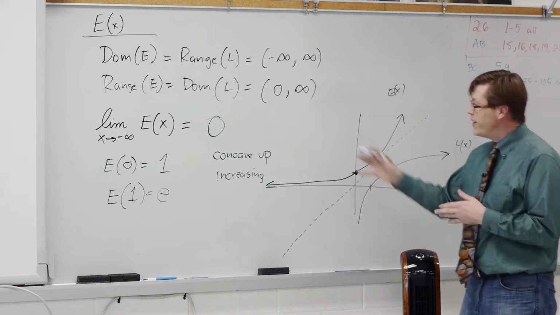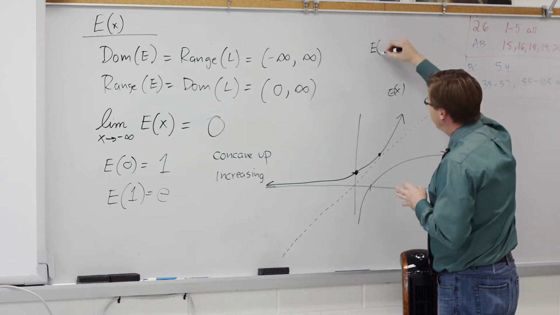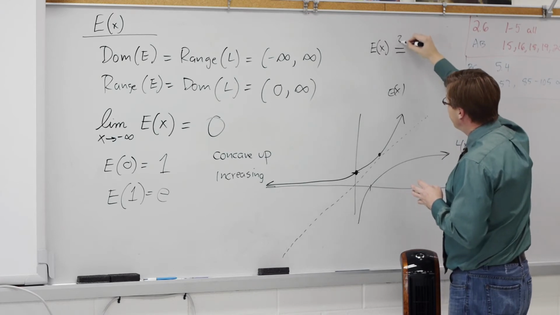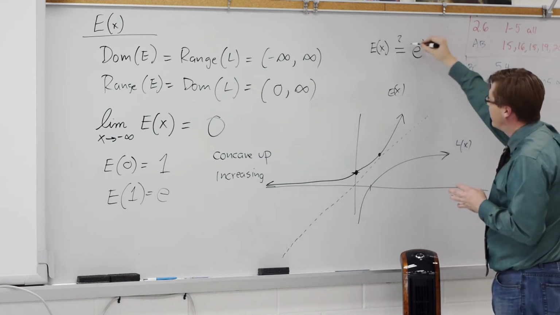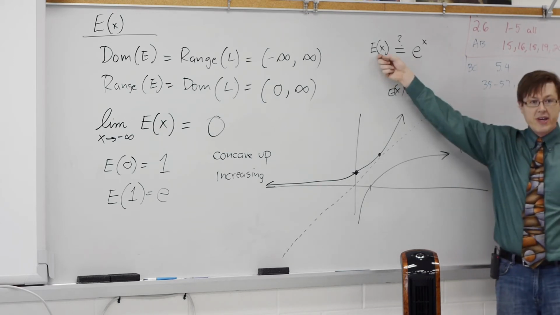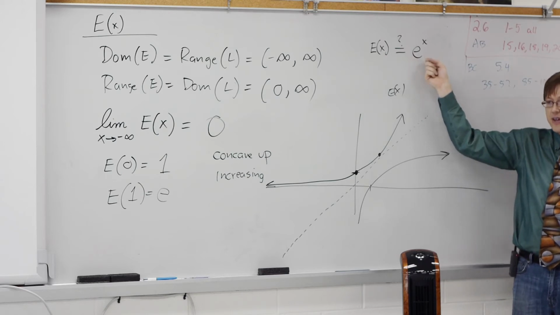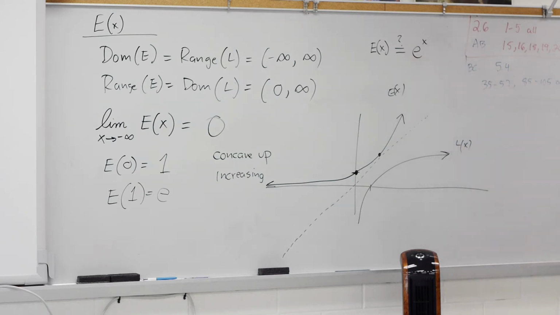Well, okay, so now that I've got this graph, I'm going to guess, I certainly haven't proven this, but to me, E of x looks a whole lot like e to the x power. Certainly not a proof, but it looks like it. So what I'm going to try to do is show that capital E has the same properties of e to the x. And if it does, hopefully eventually I can prove that they really are the same function.